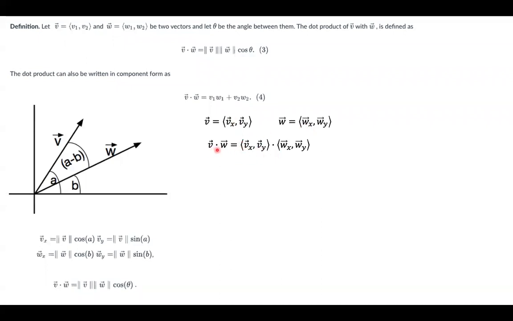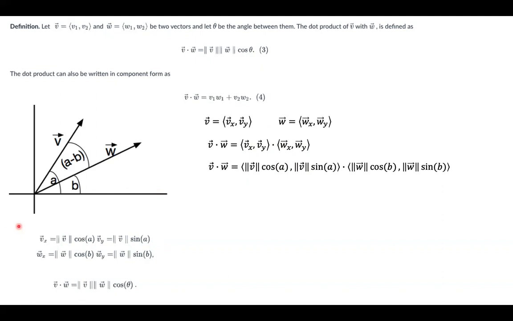Vector v dot vector w is the components dot the components. I'll replace the components with the information given in the problem, such as v sub x is equal to the magnitude of v cosine A. I'm just going to replace these components with their equivalents from here.